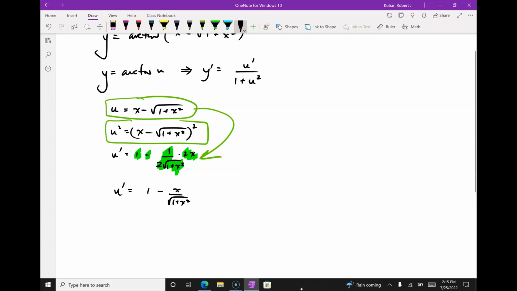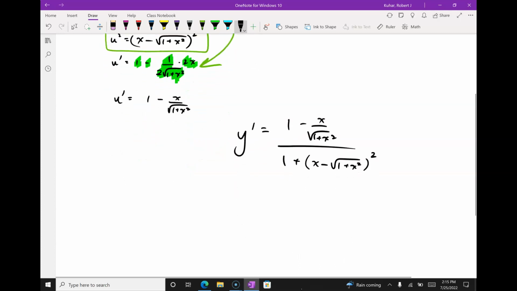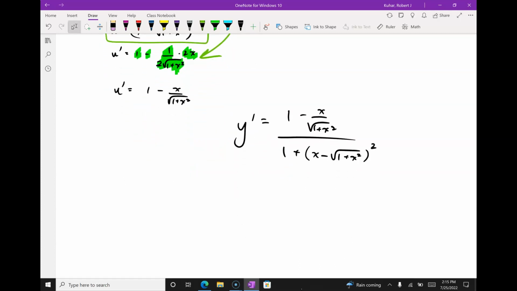Okay, I'm trying to find my derivative. I have my formula. So I have 1 minus x over the square root of 1 plus x squared. There's u prime over 1 plus this junk. Ugh. And I'm definitely not going to see that in the book. So I'm going to try and simplify this a little bit. Horrible.